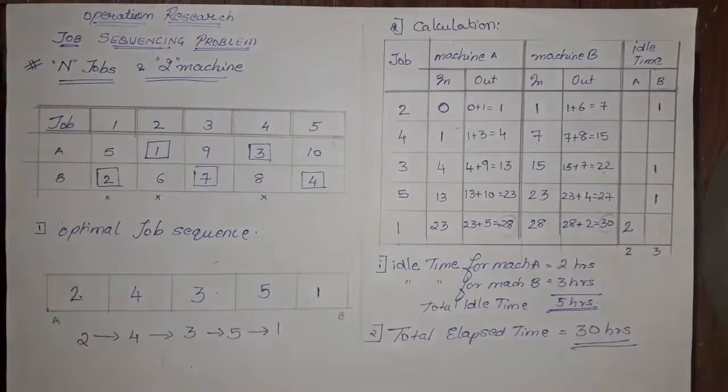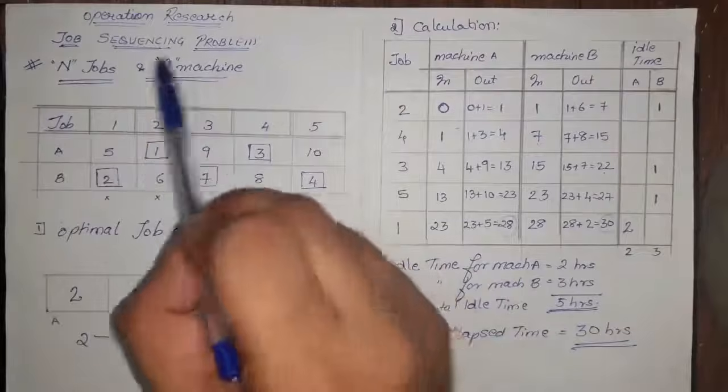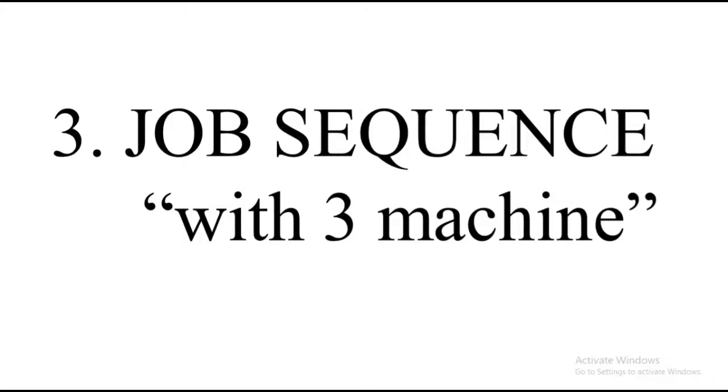Okay, so this is how we have to solve a job sequencing problem where there are n number of jobs and 2 machines. Now the next type of sum that we need to solve is job sequencing.